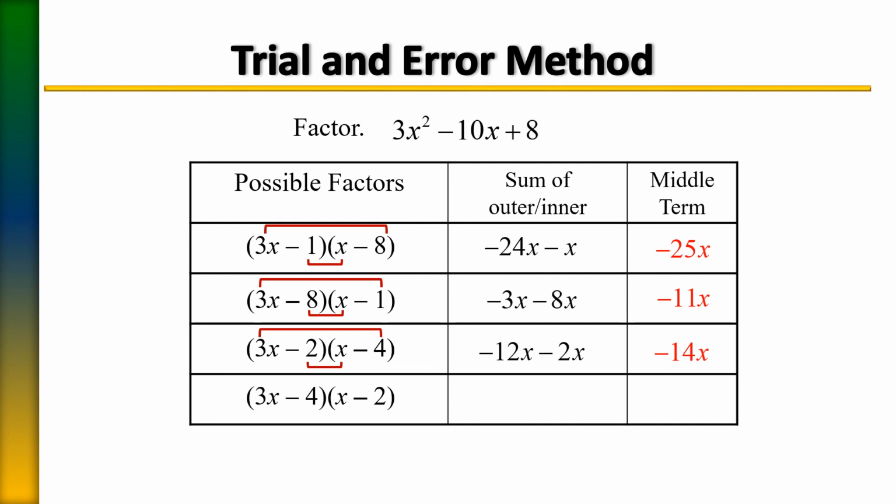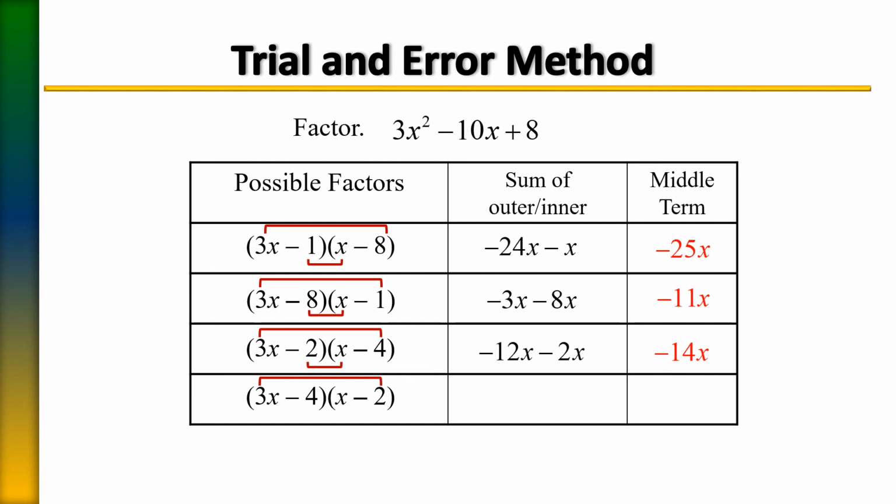And if this does not work, then we would say that this trinomial is prime, which means it cannot be factored, because there are no other possibilities of getting an 8 other than 2 and 4 and 1 and 8. So let's check our last option. Outer is negative 6x.